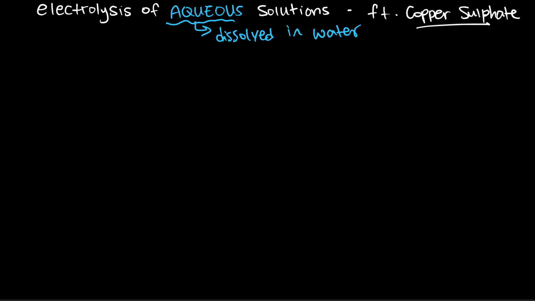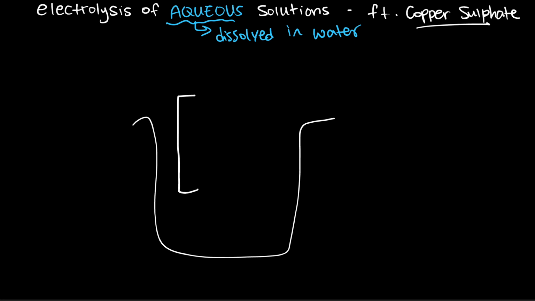In case you forgot how electrolysis works, let me move down a bit more. And let me draw that a bit better. Hopefully you get the idea. That's our beaker. And we're gonna have our anode and cathode, like so.